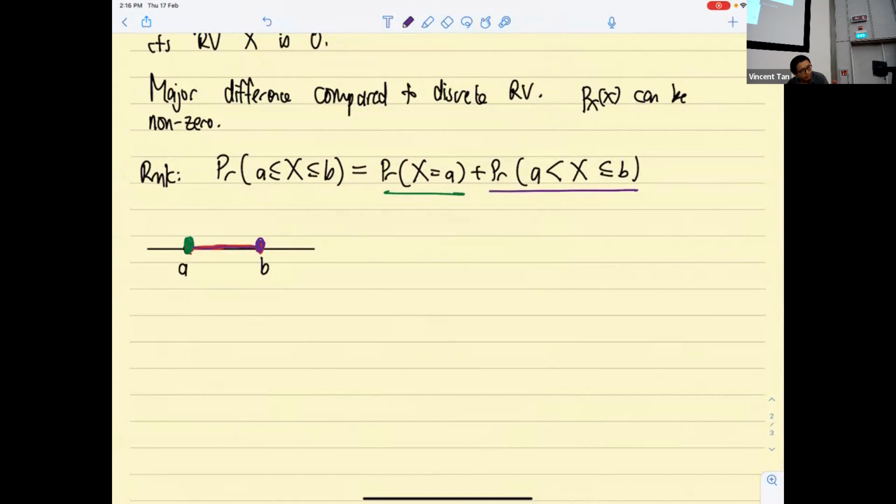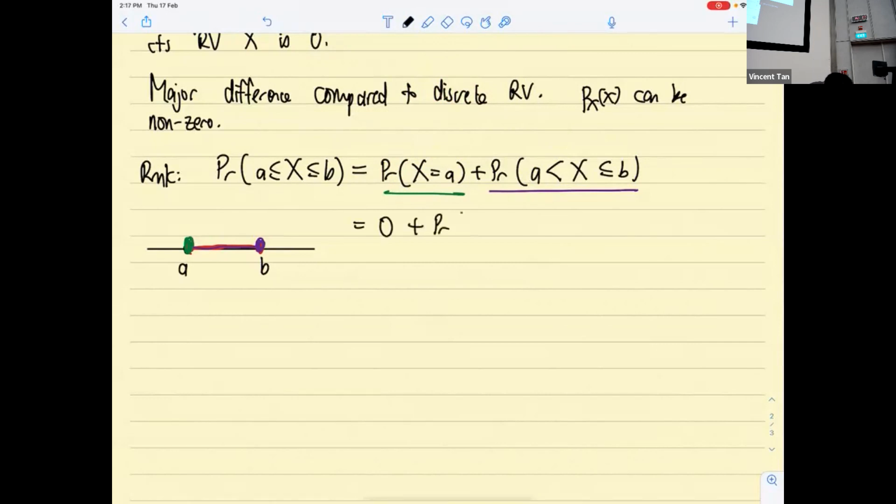You take the including left-hand side. Now I don't want the left-hand side, so I exclude it, bring it outside, and take everything remaining. This is additive because this is disjoint from this. Disjoint is not the same as independent. Now we know that this is 0 from the above calculation: the probability that any continuous random variable takes on a certain value is 0.